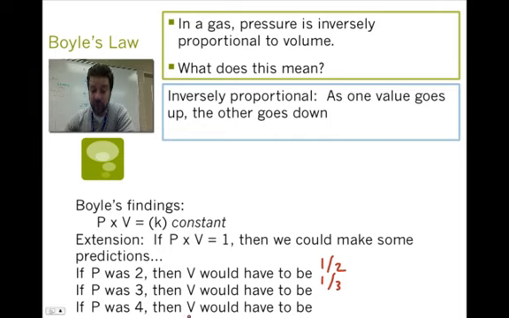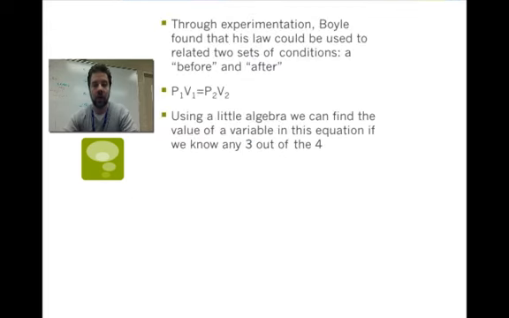If P was 4, then V would have to be, so if P is 4, what would we multiply it by to get 1? We would multiply it by 1/4. So what I want you to see here is that as the value of P increases, the value of V decreases, because 1/2 is a little bigger than 1/3, and 1/3 is a little bigger than 1/4.